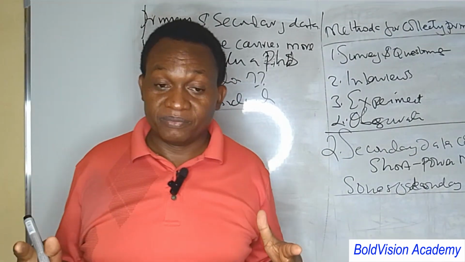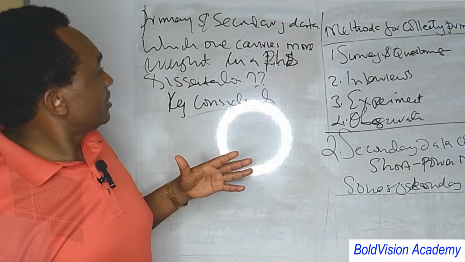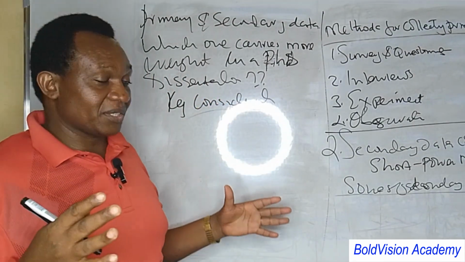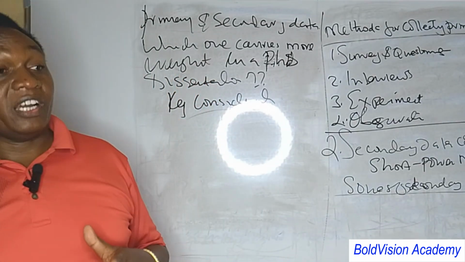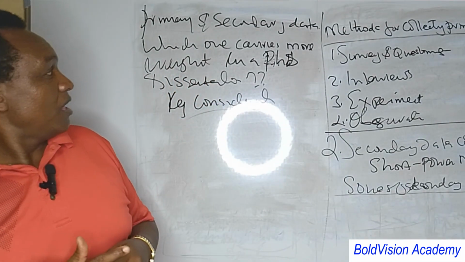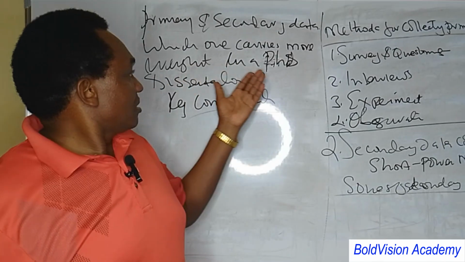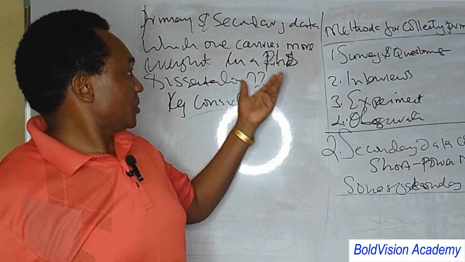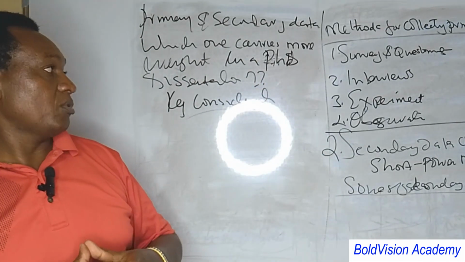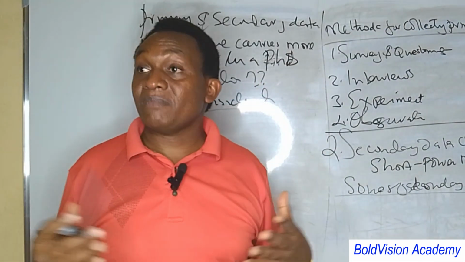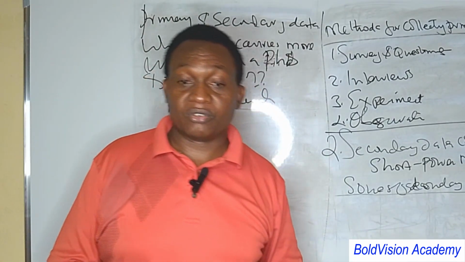Get me right, we are dissecting between primary data and secondary data, and we want to make a concrete decision between the two, which one is more suitable or has more weight. It is not a must, but which one has more weight for a PhD dissertation?